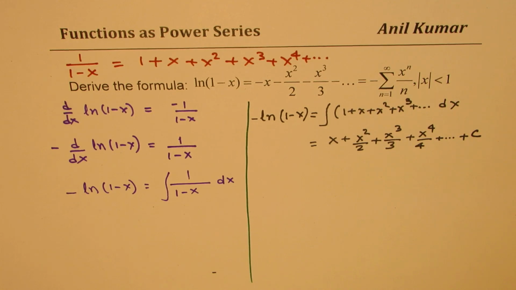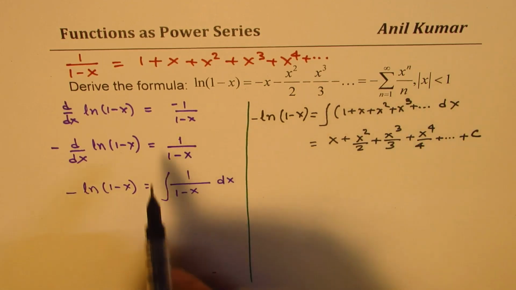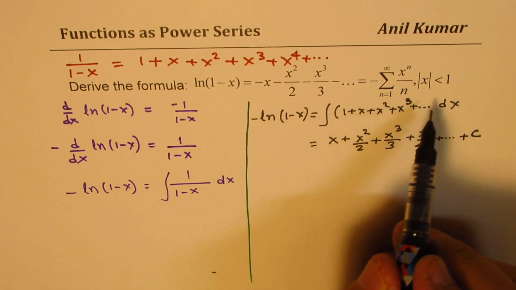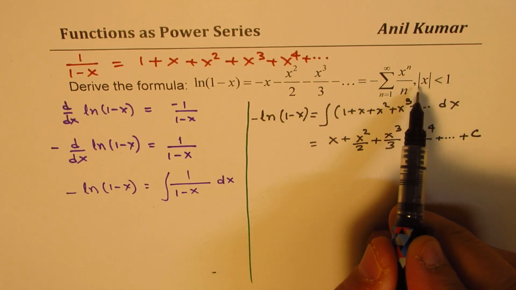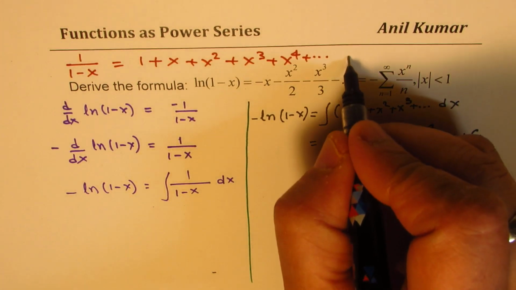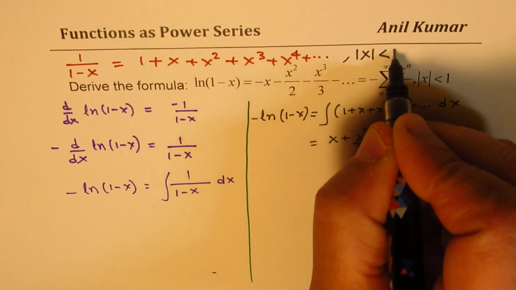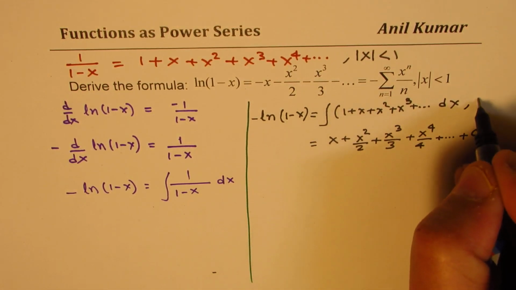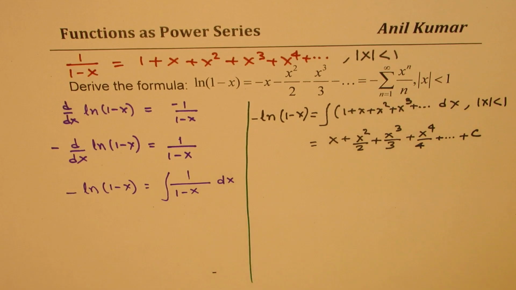Also remember one more very important thing, always keep in mind that this series is converging for the absolute value of x between plus and minus 1. So we always remember that this is less than 1, right?